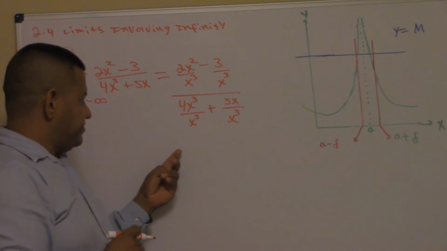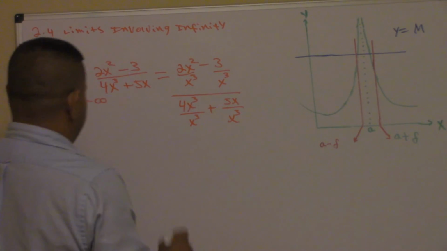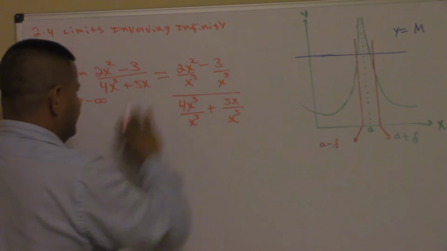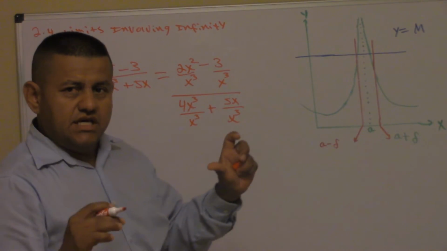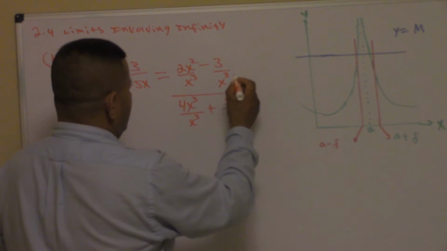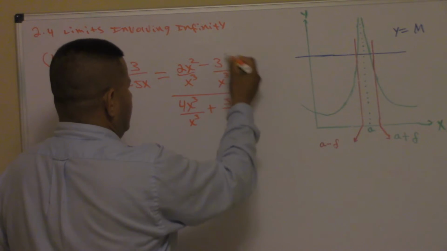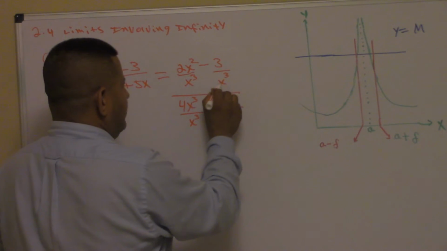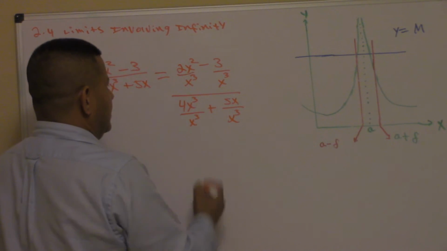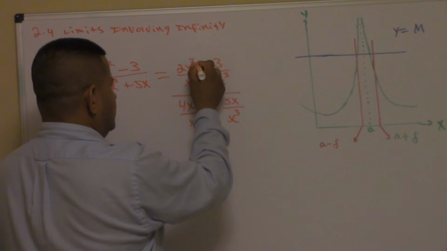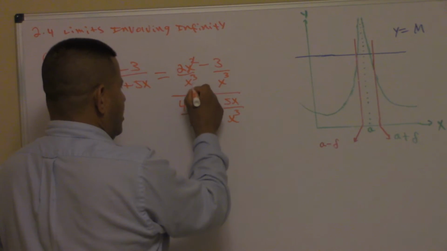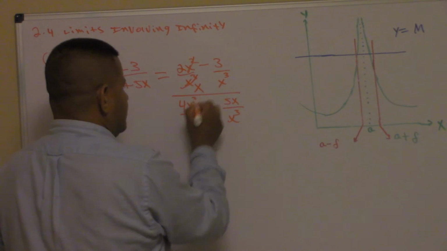So now, look at this. I'm taking the limit of this, but first I want to see if anything cancels out. This one right here, negative 3 divided by x cubed, doesn't cancel anything. But this one right here, the x squared on the top cancels with x squared at the bottom and leaves me with x.